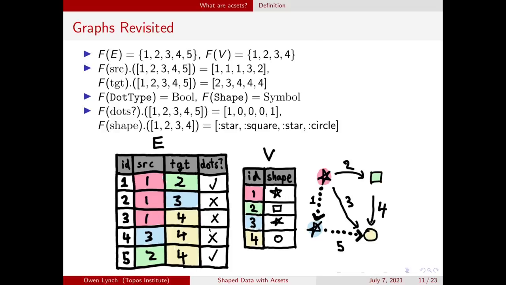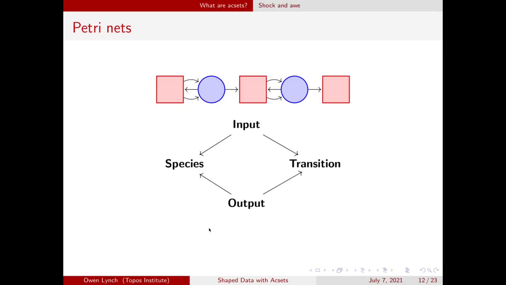Okay, and now we're going to do a speed run of a couple of other interesting data structures that you can do with Acsets. So first up, Petri nets. A Petri net you can also think of as a bipartite graph. It's used by chemists to represent chemical reactions. Species are what chemists call molecules or proteins or whatever.